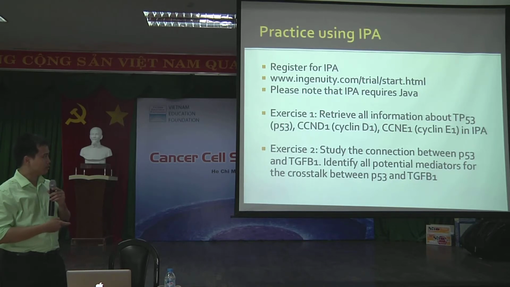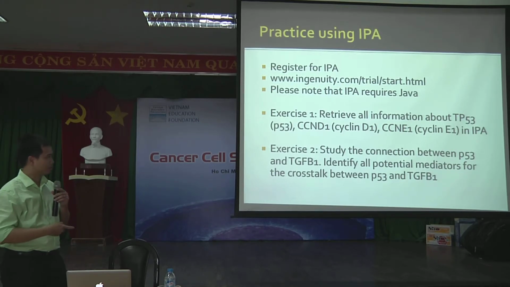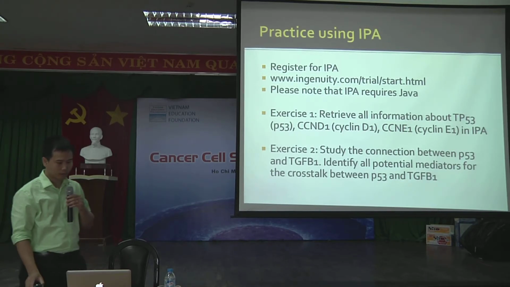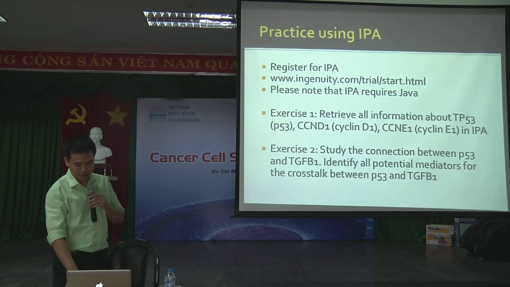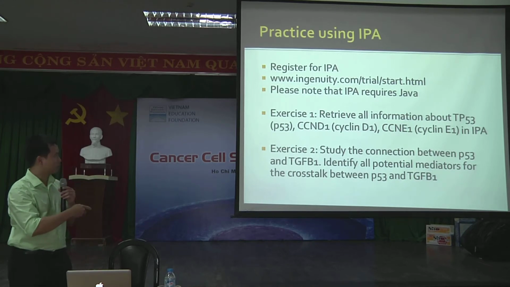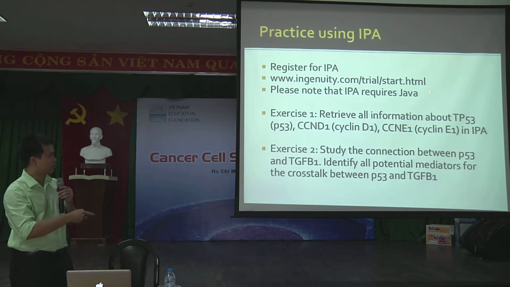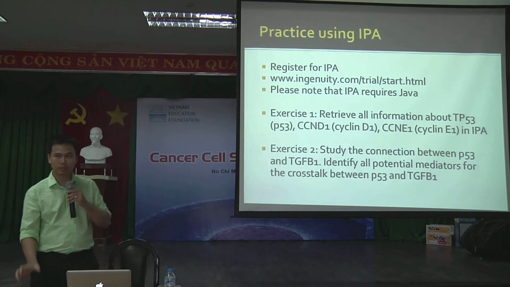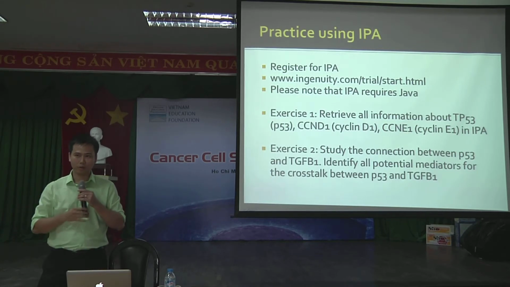Second exercise is to study the connection between p53 and TGF-beta1 and identify all the possible mediators for this crosstalk between p53 and TGF-beta1. Okay, so for those who have not logged into IPA, please do it right now. And for those who have already gotten access, please turn on your IPA, and we're going to practice right now.